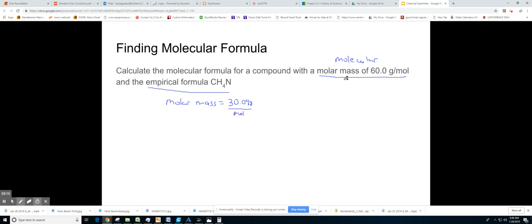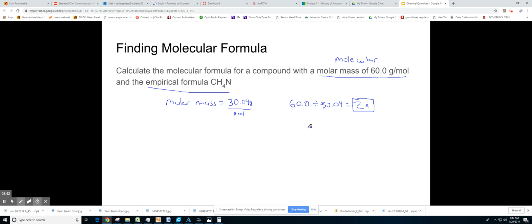Okay, I'm going to take my molar mass, as it said in step 2, and divide. So I'm going to have my 60.0 divided by 30.04, okay? And when I do that math, I get approximately 2. So this means that 2 is going to be multiplied by each of my subscripts over here in my empirical formula.